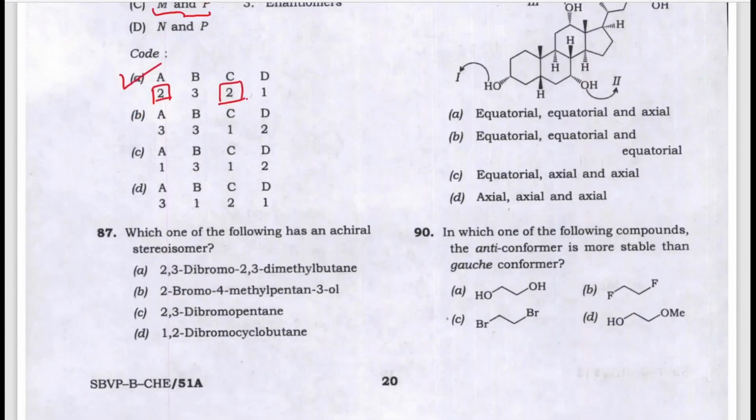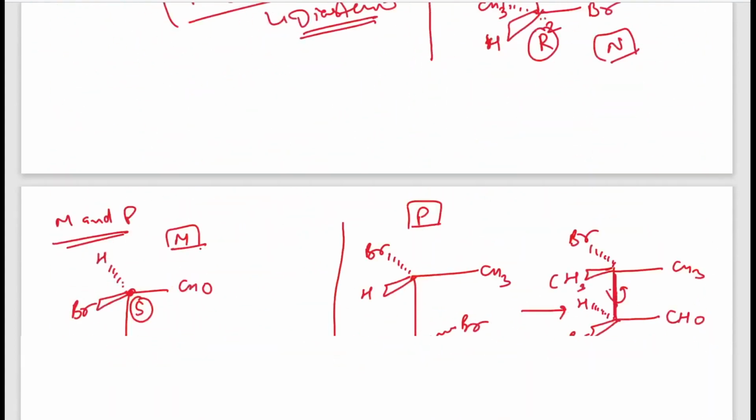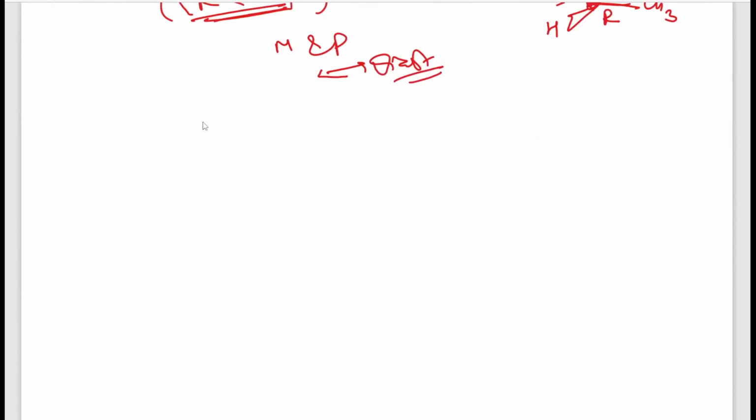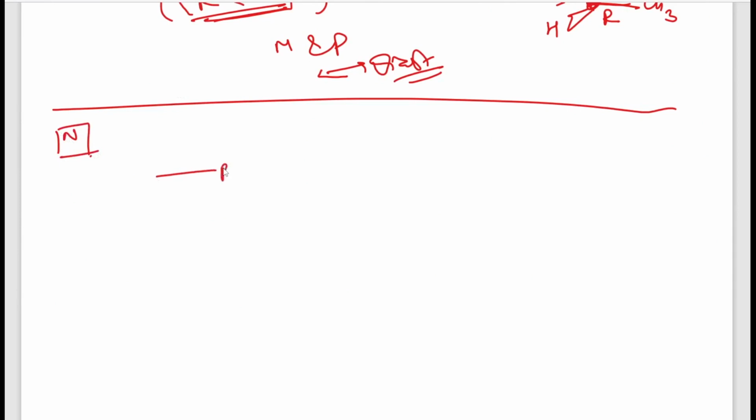Now we will check other options. Structure of N, we can take the wedge form for N structure. This is the wedge form of N structure.